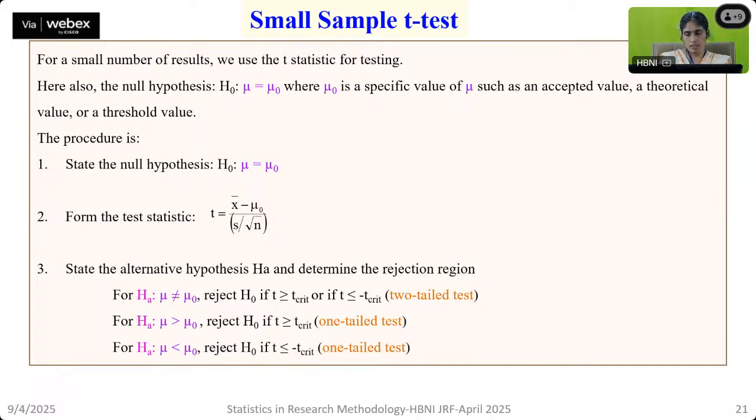The null and alternative hypothesis formulas remain comparable. When the calculated t-value is less than or equal to the critical t-value, we accept the null hypothesis. If it is greater than the critical t-value, we reject the null hypothesis and go ahead with the alternative hypothesis.